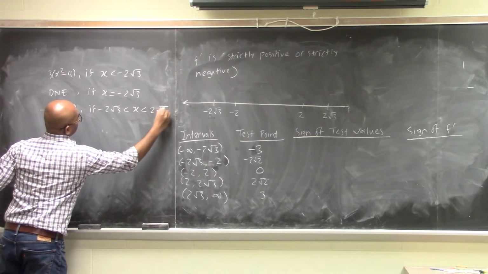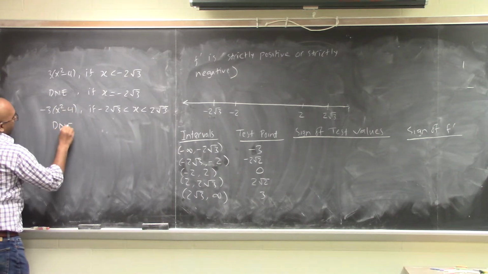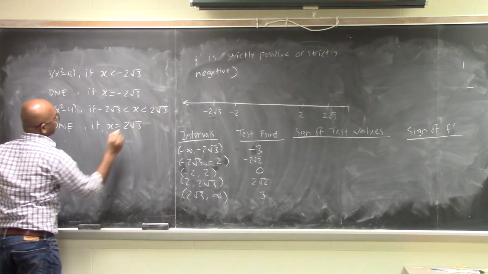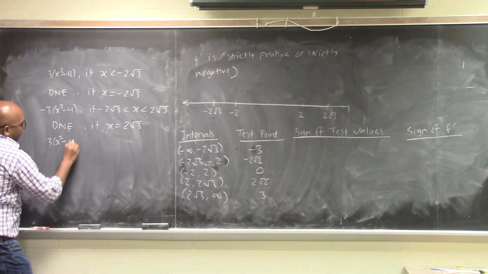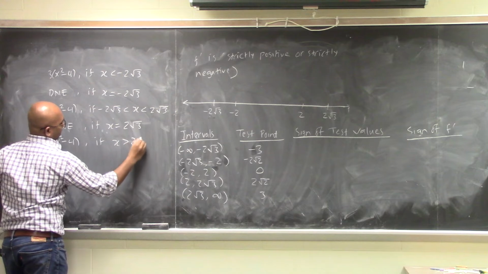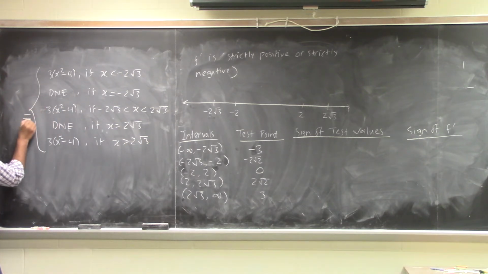Strict inclusion here, okay, no equality. And then d and e if x equals positive 2 root 3. And then 3 times x square minus 4 if x is bigger than 2 root 3. Okay, so this function is f prime of x.